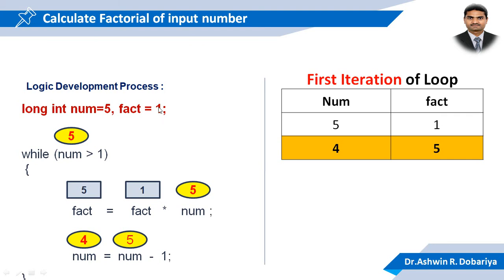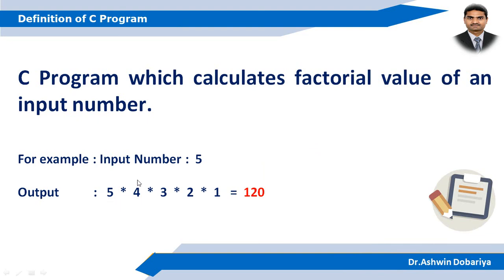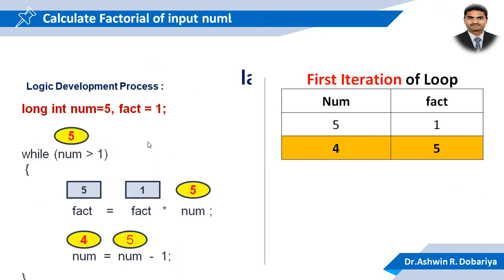Now why do we have to initialize to 1 at the initial level? As I told you, first of all we have to multiply the number with the previous number, then the previous number. So at the initial level, if we assign factorial equal to 1, then when we multiply the first time, factorial is 1. Otherwise, if we do not assign any value here, then the compiler gives a garbage value.